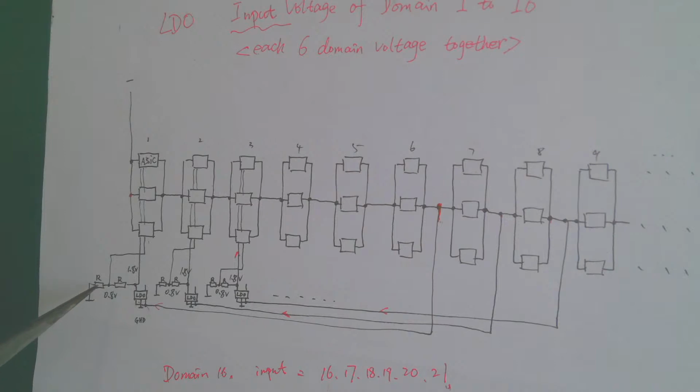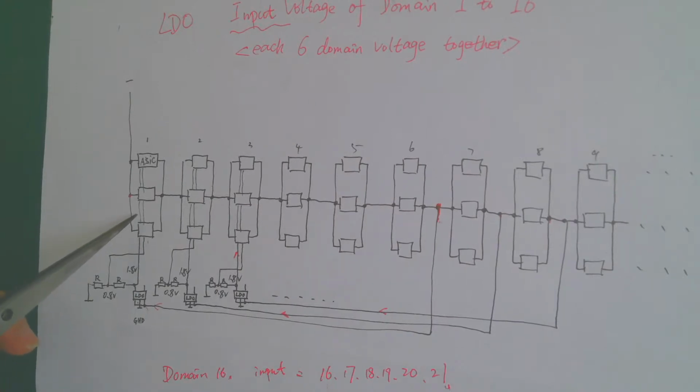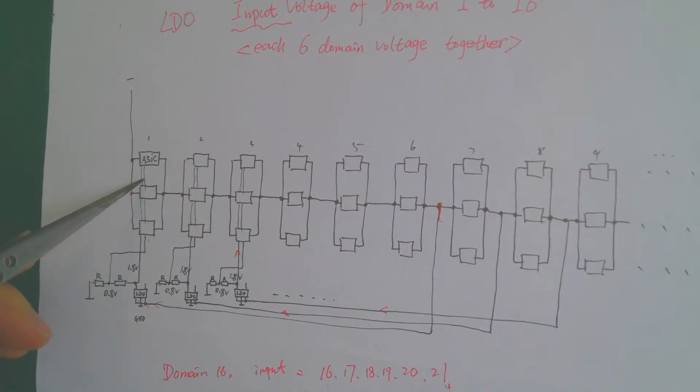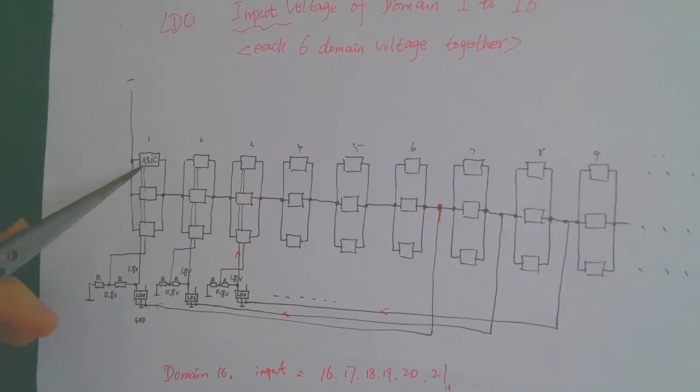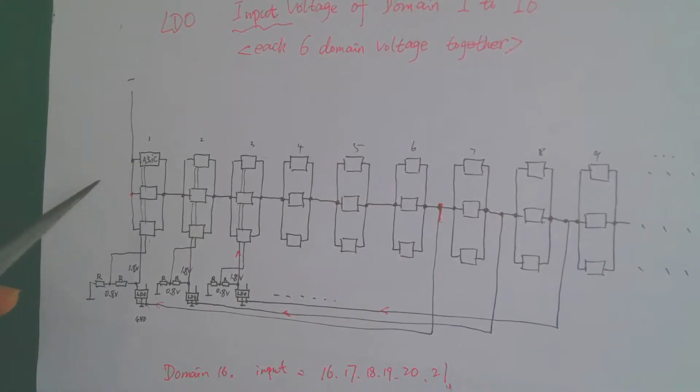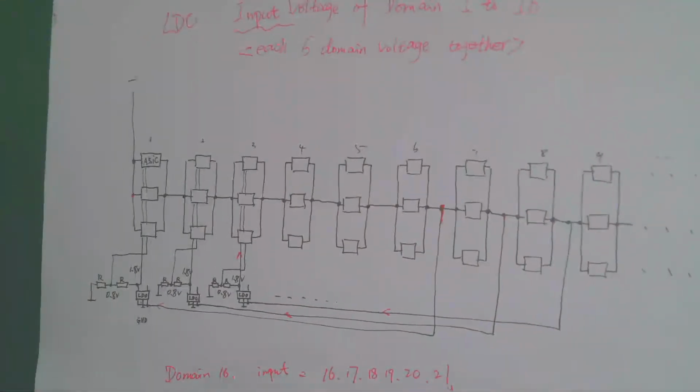So we can test at the joint of the two resistors and get 0.8 volt. This volt will also supply each chip in this domain. So this is the second input voltage for the chips in this domain, also for the other 20 domains.